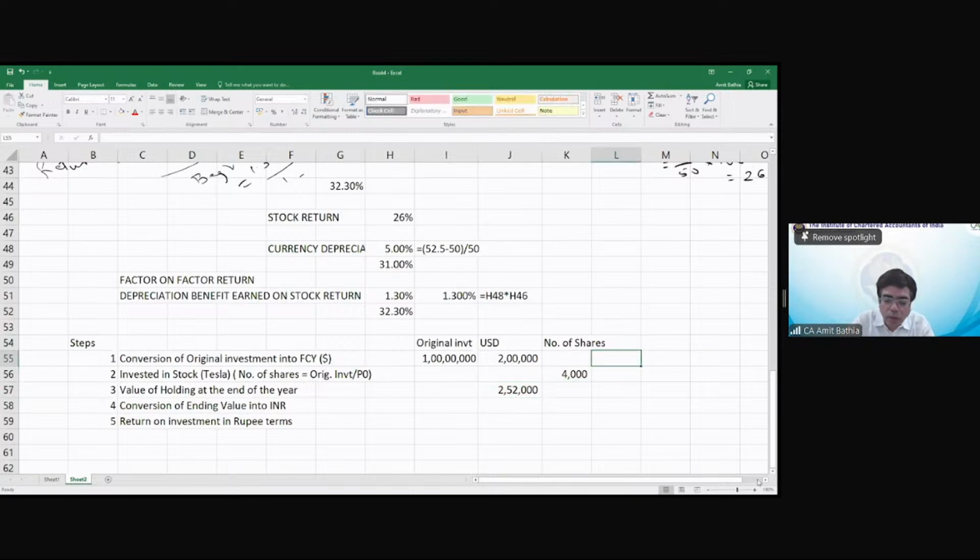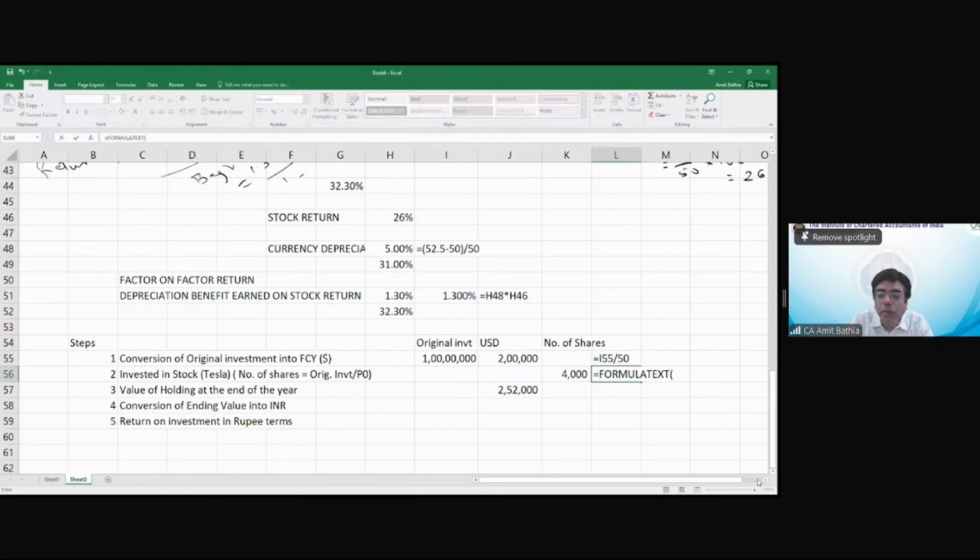I am also going to add over here formula text so that it becomes easier for you to remember, right? What is this? 2 lakhs divided by 50. Then we again add over here.